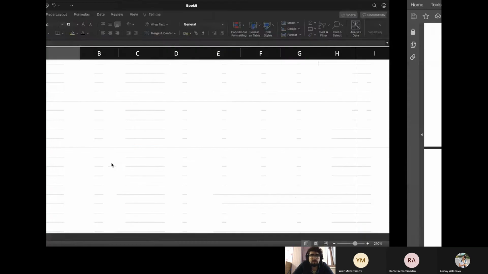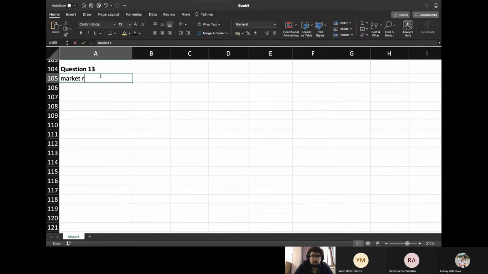So we have market return 12%, risk-free rate 6%, beta 0.66.